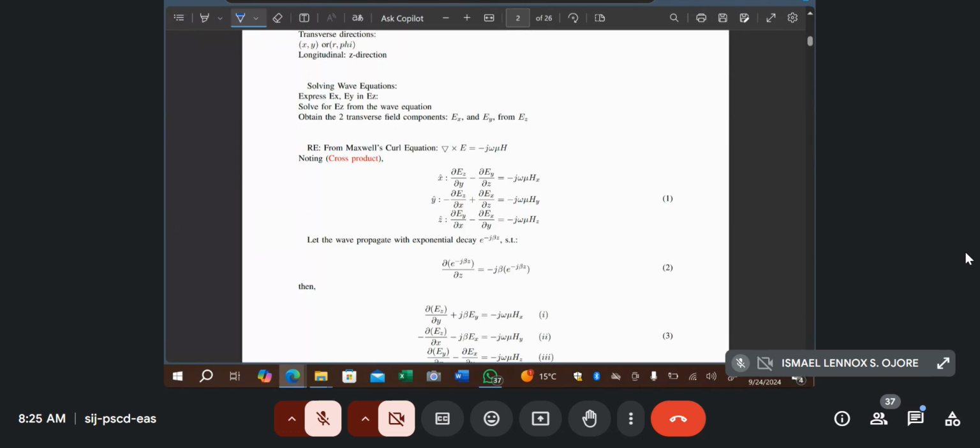So remember the curl equation for Maxwell. We normally have the cross product of del and E, which is equal to minus d over dt of B, the magnetic flux density. So we can write d over dt of, we know this is mu H, isn't it?